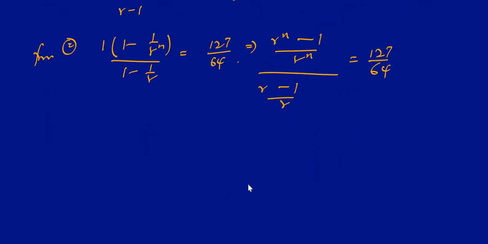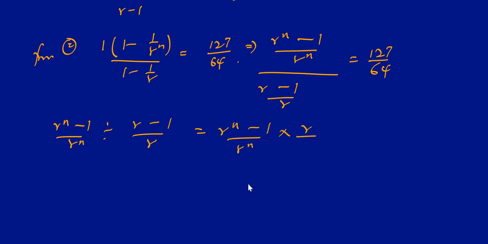So when you divide that, you have R raised to the power of n minus 1 all over R divided by R minus 1 all over R, which equals R raised to the power of n minus 1 all over R raised to the power of n times R over R minus 1, which is R bracket R raised to the power of n minus 1 all over R raised to the power of n bracket R minus 1.